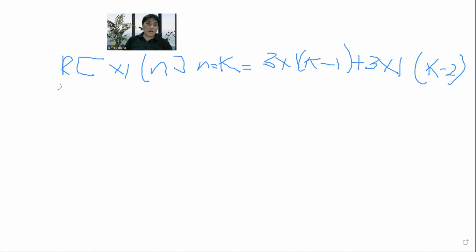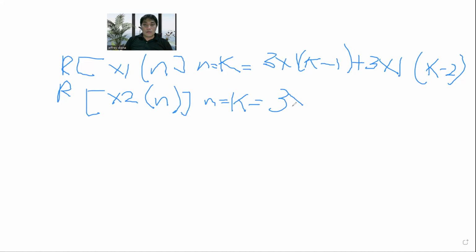So for r(x2 times n), n equals k equals 3x2. Let's change 1 by 2: (k-1), then plus 3x2 (k-2).